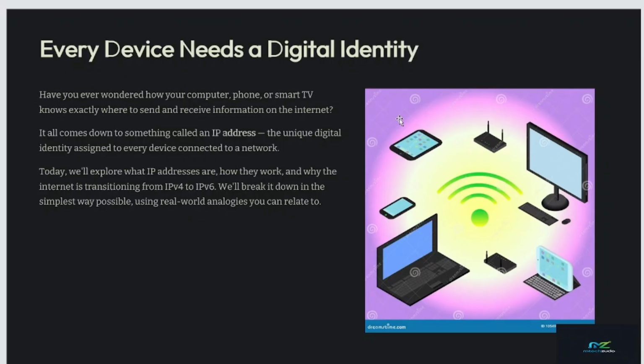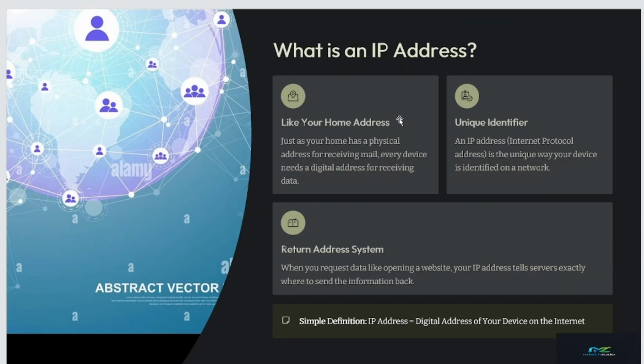Let's start with the simple basics. Every device connected to a network, whether it's your phone, laptop or even a smart refrigerator, needs a unique way to identify it. An IP address, or Internet Protocol address, is just like your home address but for your device on the internet.